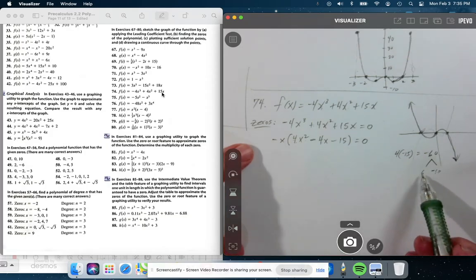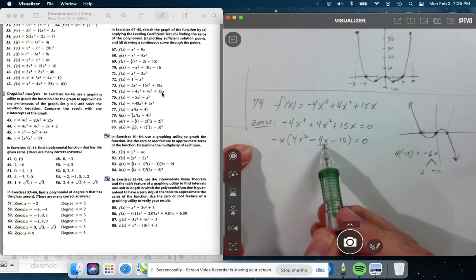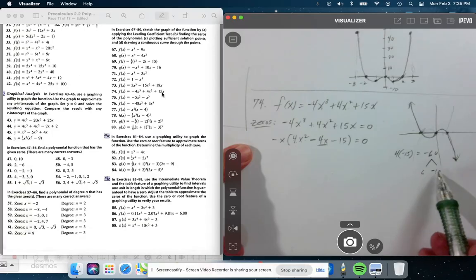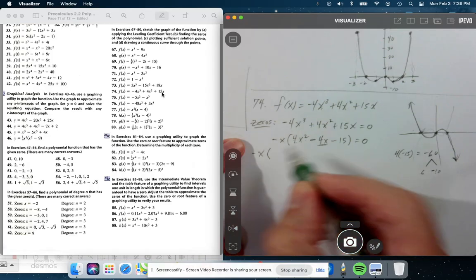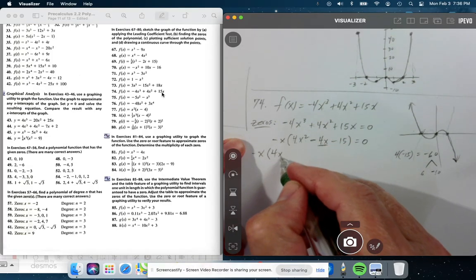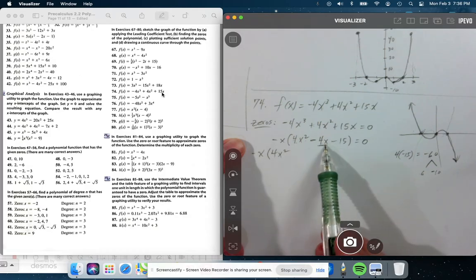So I'm going to replace this middle linear term with these two numbers that add up to negative 4. Okay, so that's the next step. So negative x, parentheses, 4x squared. I'm going to put the negative first so that I'm not left with a negative in the middle of this thing.